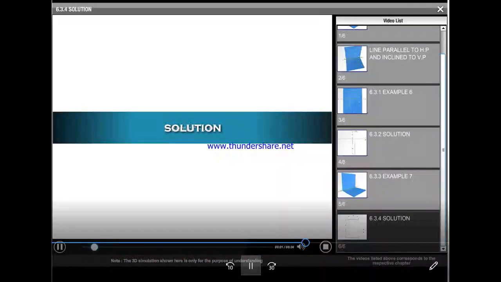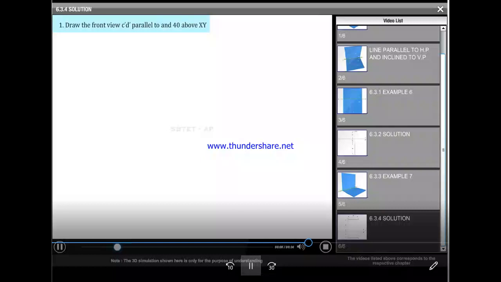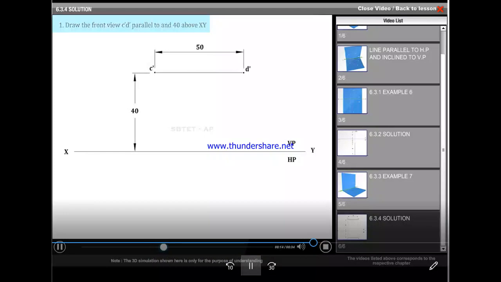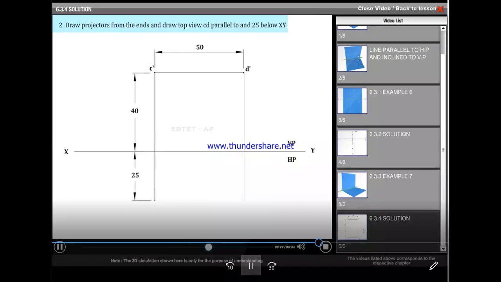Solution to example problem 7. Draw the front view C dash D dash parallel to and 40 mm above XY. Draw projectors from the ends and draw the top view CD parallel to and 25 millimeters below the XY line.